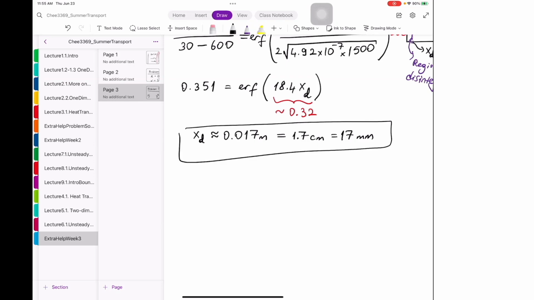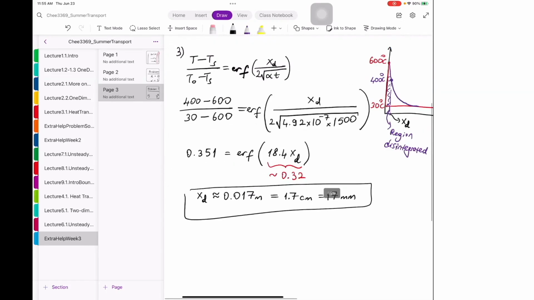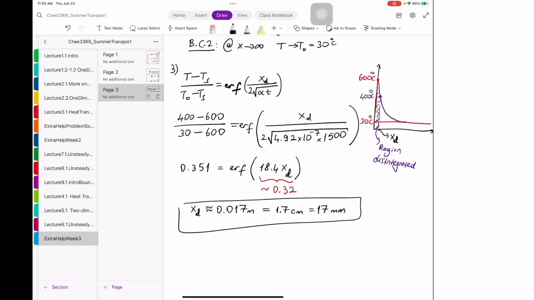So 17 millimeters of the wall is going to be disintegrated within 25 minutes. Please note that I converted t from minutes to seconds.